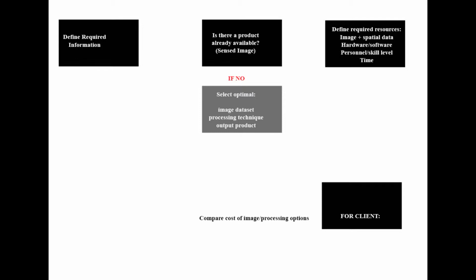So if you can't get the image, then you have to acquire your own. And then you also want to define the required resources, so the image and spatial data you'll be working with, the hardware and software. You may not use ENVI, there might be some other program, but I don't know what those would be. And then you'll also be looking at the time it takes you to do all this.